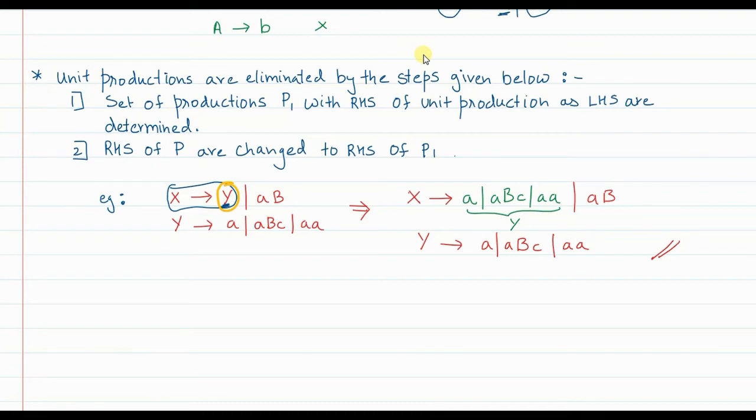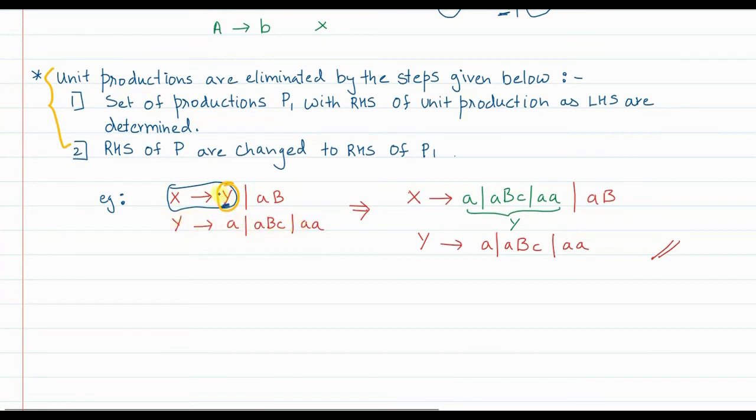So after identifying that there is a unit production, you go through the set of all other productions and find out if there is any production which has Y as a non-terminal on its left hand side. Since in this case you have only two productions, the second production has Y on its left hand side, so it's called the Y production.